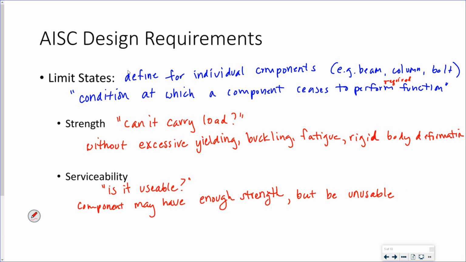So this is where we talk about excessive deflections. Maybe you're starting to have some cracking, too many vibrations, or some deterioration.